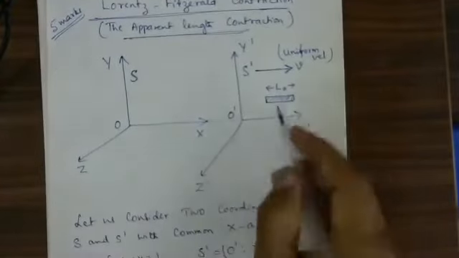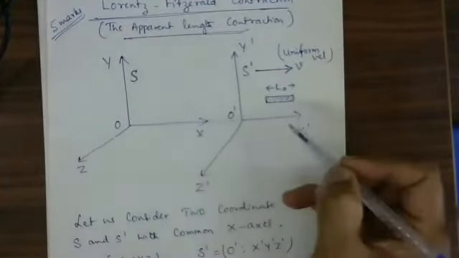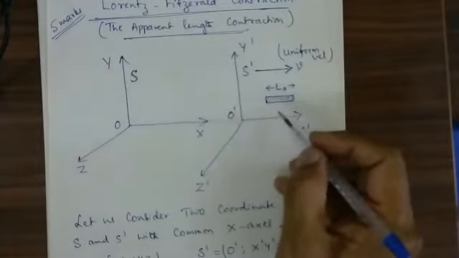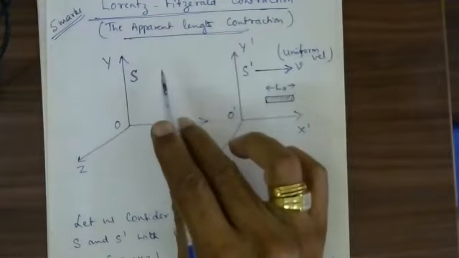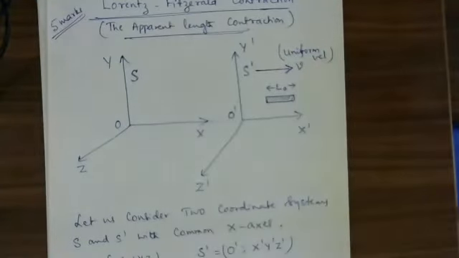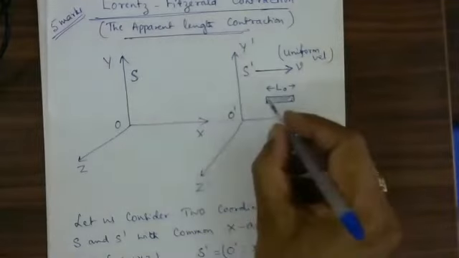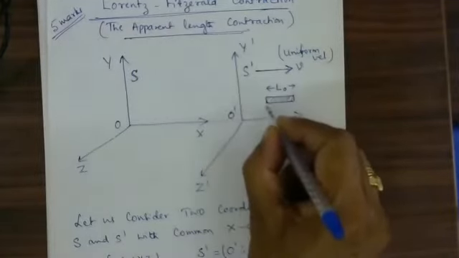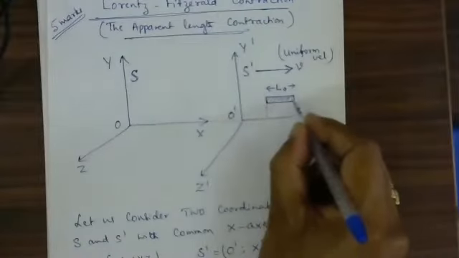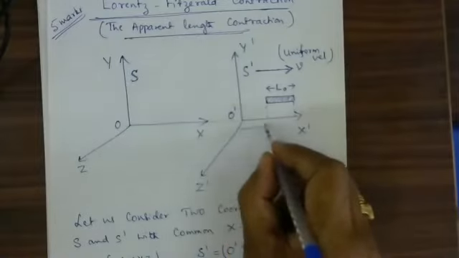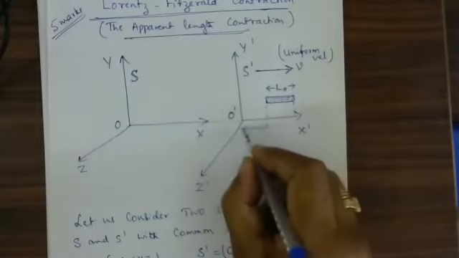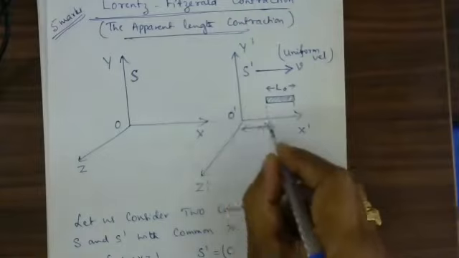Now I will write the coordinates of the ends of the rod with respect to S dash and with respect to S. Both I am supposed to write. With respect to S dash, first I will write with respect to x dash, this length. Understand it properly.